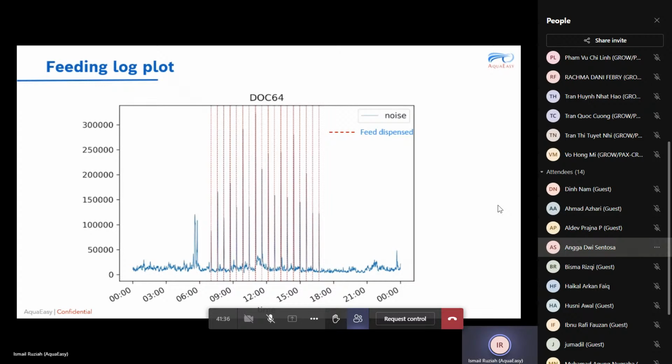Here is an example in a round pond where the paddle wheels cause a circular water current, a clockwise current in this case. This green dot is the auto feeder, and the auto feeder dispenses feed in this white area.